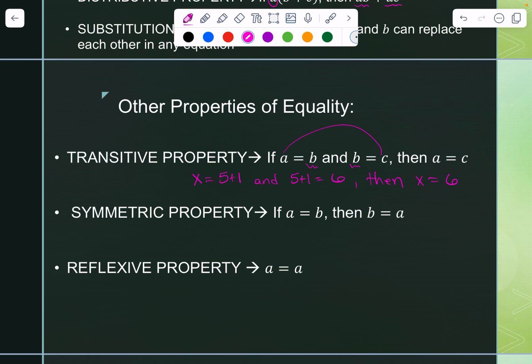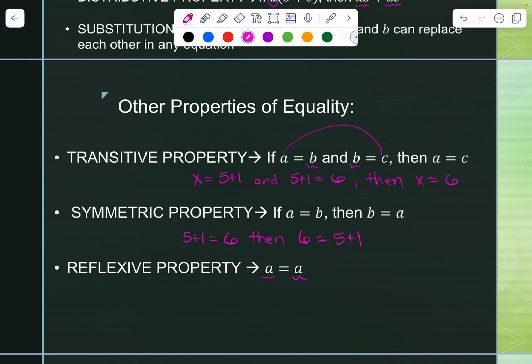Symmetric property lets you flip it around the equal sign. If A equals B, then B must equal A. An example of this is you could say something like 5 plus 1 equals 6, then 6 must equal 5 plus 1.